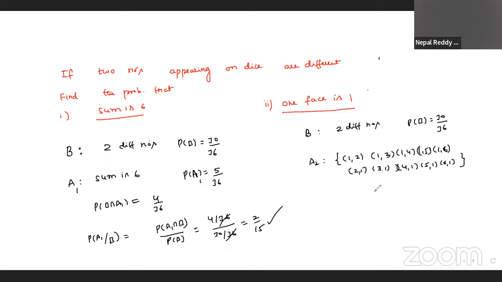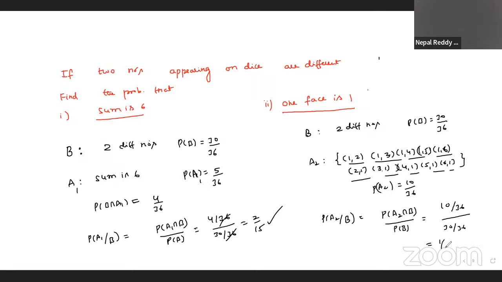Total how many are here? 10. Therefore, probability of A2 is 10 by 36. And probability of A2 given B is probability of A2 intersection B divided by probability of B. Here, if you observe, the digits are different. Therefore, intersection consists of 10 elements. So 10 by 36 divided by probability of B, 30 by 36, gives the result 1 by 3.